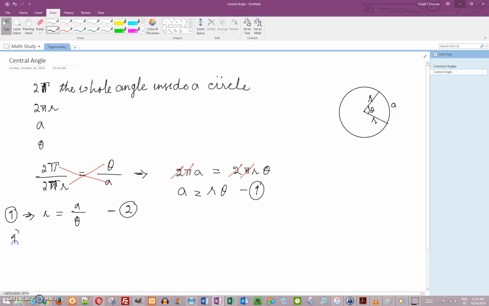And again, based on 1, theta is equal to A divided by r. So now you have 3 equations with which you can calculate anything you want in a circle.